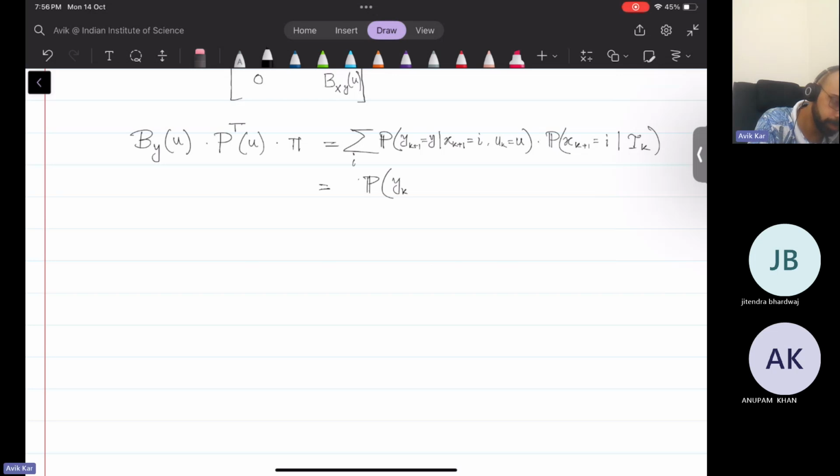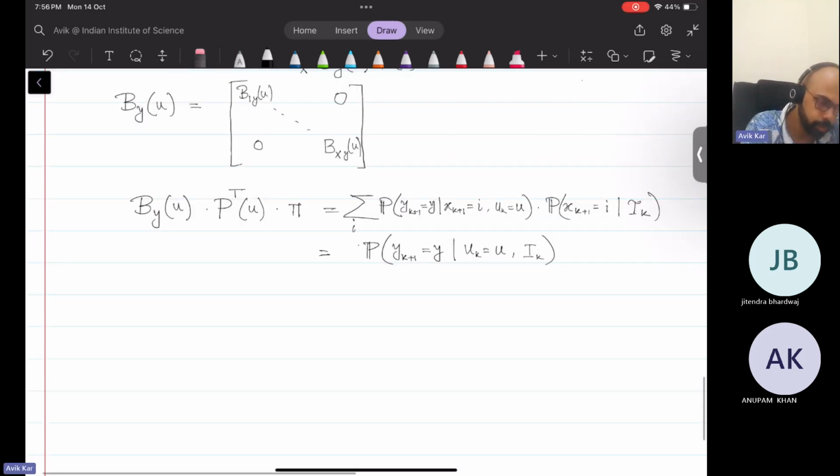This is probability Y_{k+1} equals Y given U_k equals U and information till time k. But what do we want?